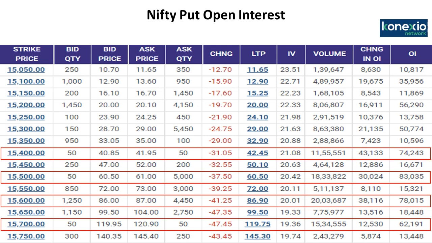You can clearly see the implied volatility is between 19.36 and 21.08. Implied volatility is a little higher. That may be because people might have done Nifty put writing.